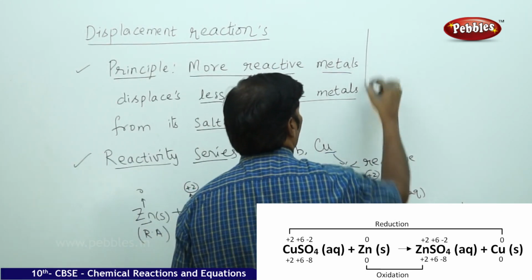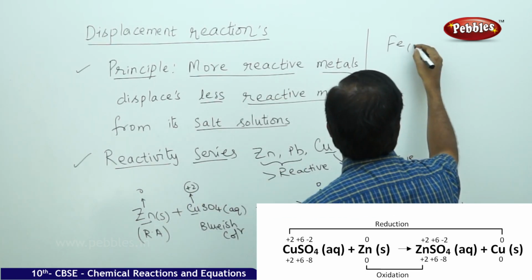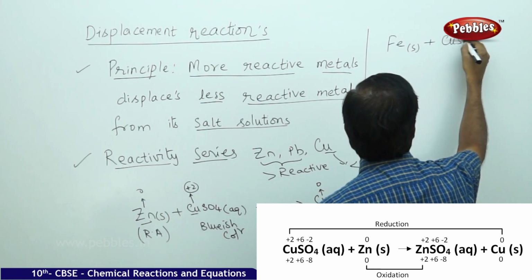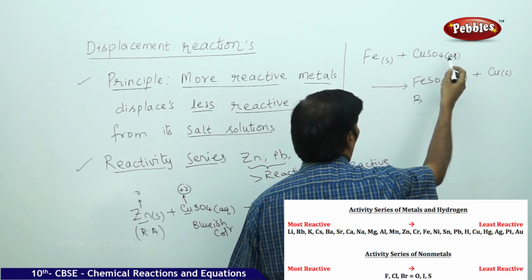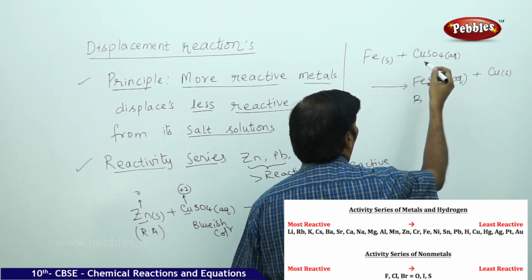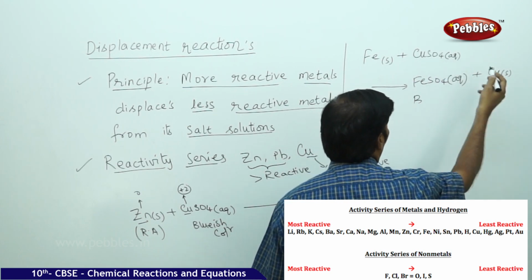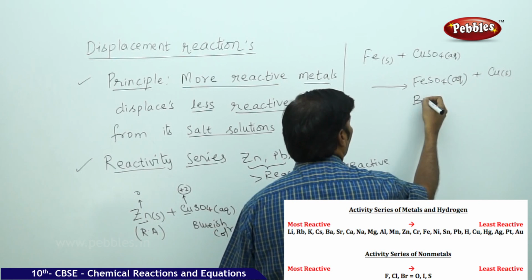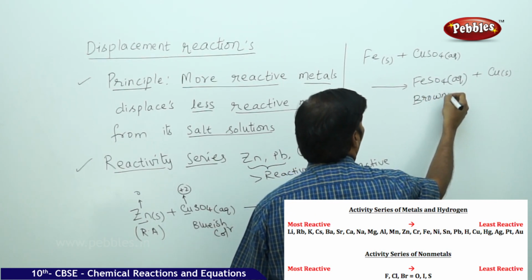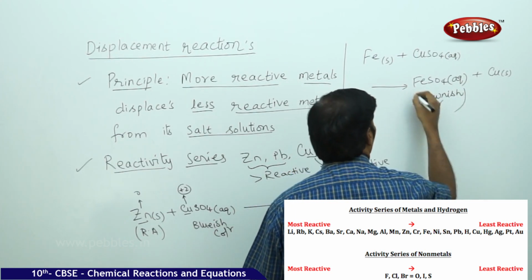If you take iron solid and treat it with copper sulphate aqueous solution, this iron gets converted to ferrous sulphate, and copper is getting reduced to copper solid. Here the solution appears a brownish color.